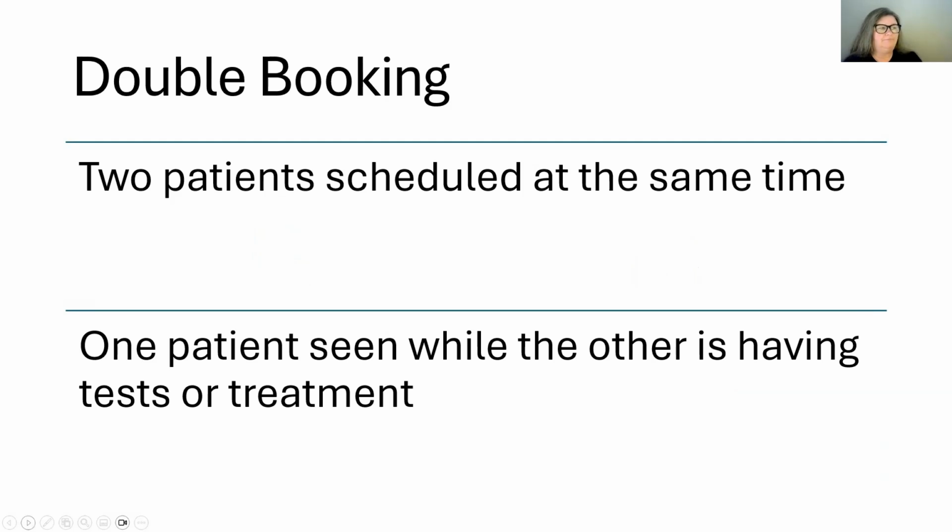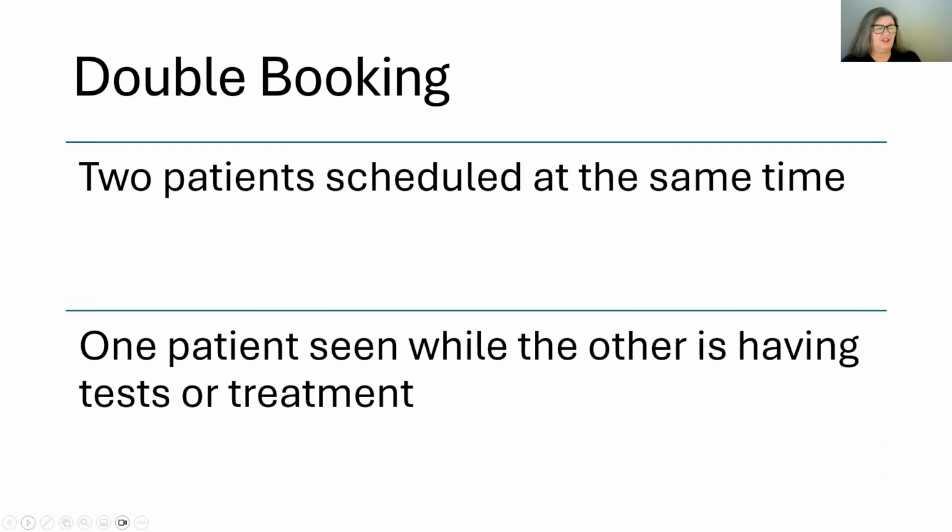Double booking, this is my opinion, is probably the most crazy, awful, horrible type of booking there is. But again, depending on where you're at, it might work. This is when 2 patients are literally scheduled at the same time.